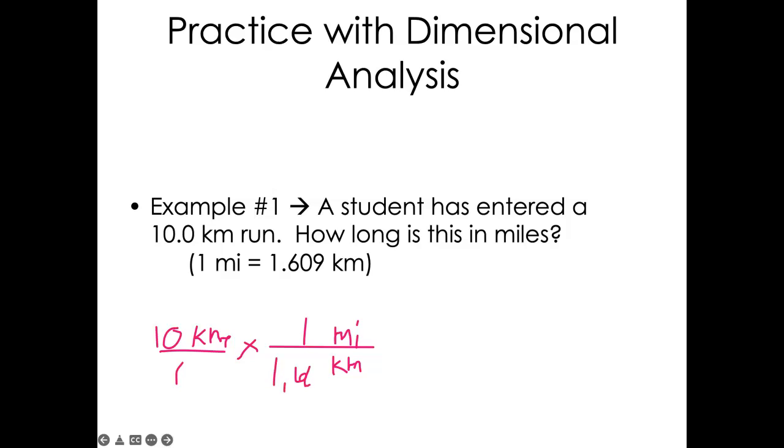Now I'm going to multiply straight across the top. So 10 times 1 is 10. 1 times 1.609 is 1.609. And then I'm going to divide 10 by 1.609, which gives me 6.2. So I'm going to take that 6.2. That's now going to be miles because my kilometers canceled out.